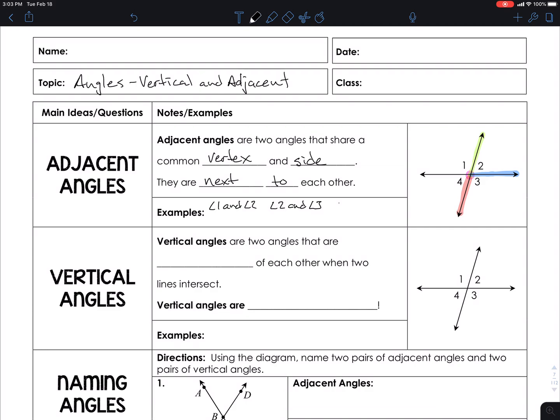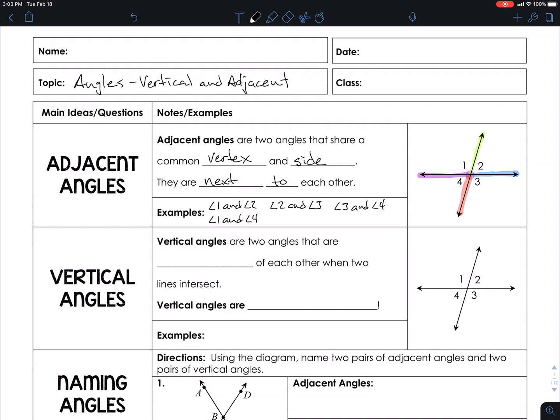So we also have angle 3 and angle 4. And there's one last side there. Right here, angle 1 and 4 share that side. So we also have angle 1 and angle 4. Those are all adjacent angles. Adjacent angles are always next to each other, share a common vertex, the point where the angle originates, and they share a side.